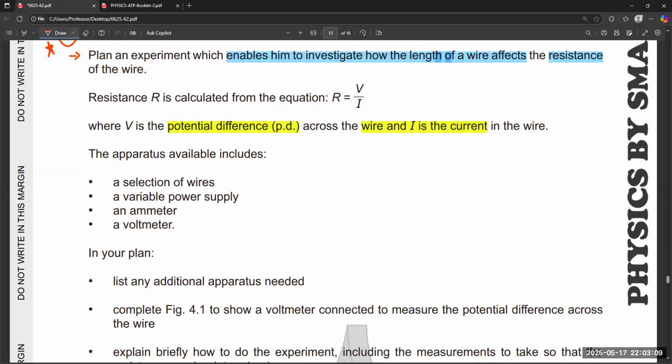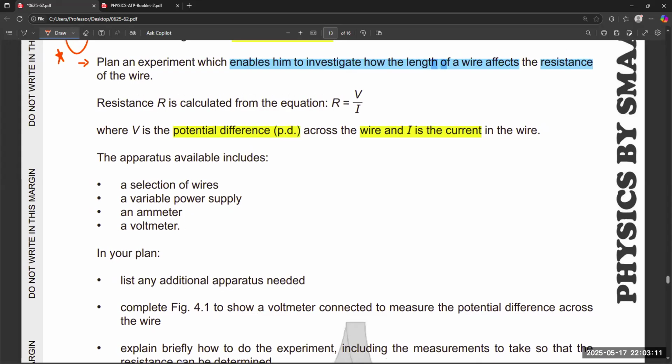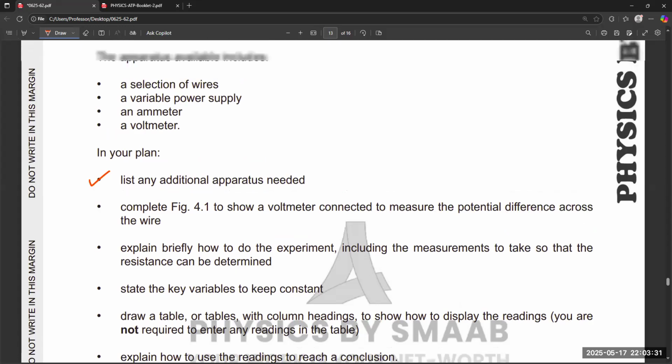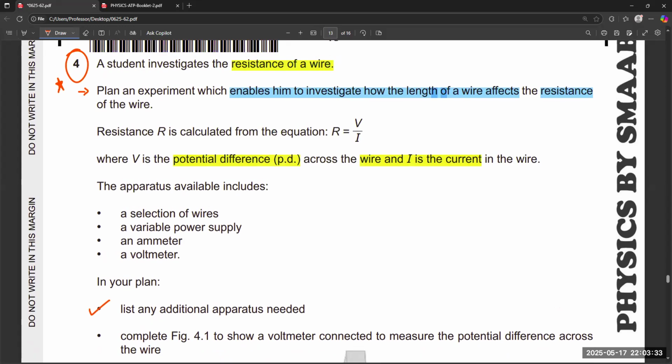The other apparatus are also available: selection of wires, variable power supply, ammeter, voltmeter. So you have to list any additional apparatus if you need. So if any additional apparatus is needed, you can mention it also. So it is mentioned, investigate how the length of a wire affects the resistance of the wire. So selections of wire is already given.